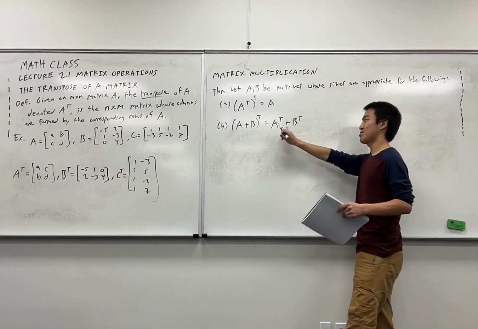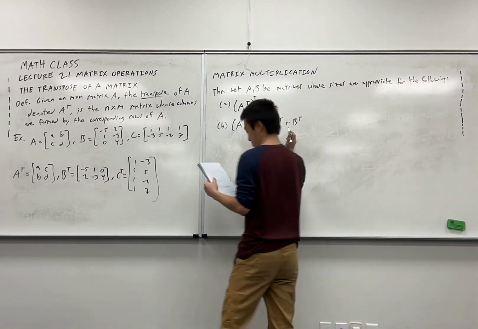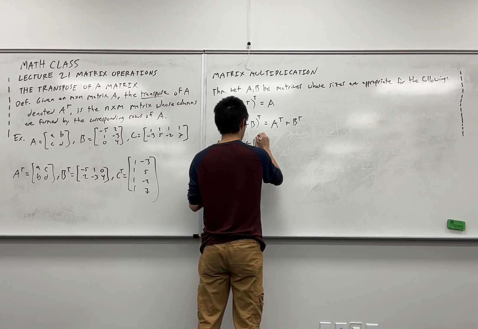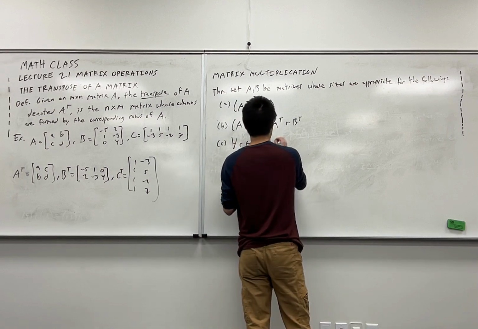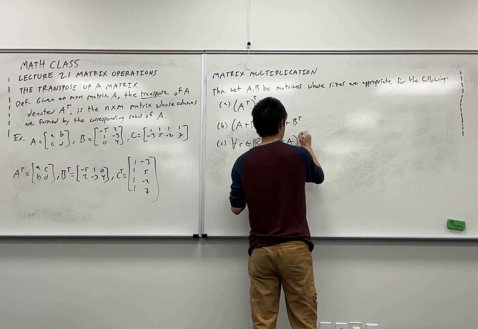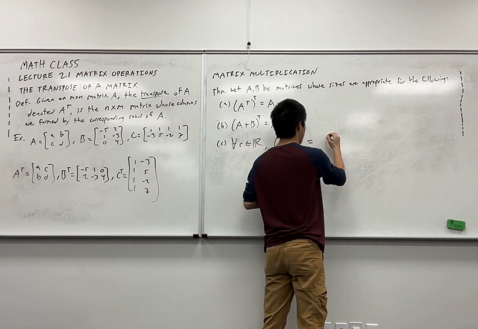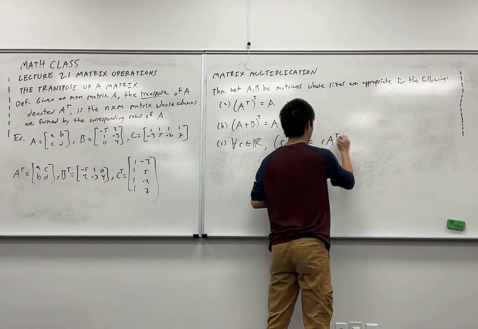So I can transpose that separately, add it to the transpose of that one. For all scalars R, if I scale a matrix, then transpose, I could also just do the transpose first and then scale it out.